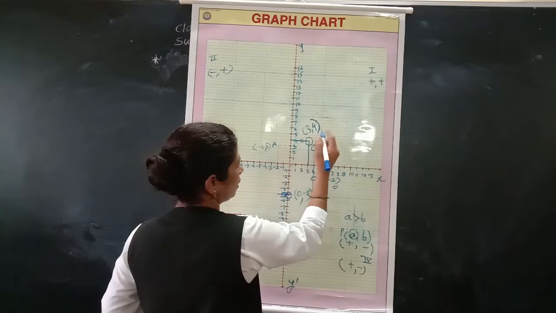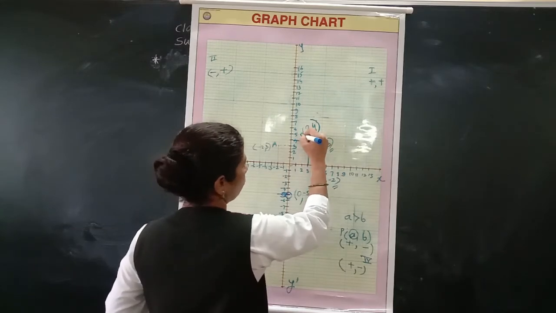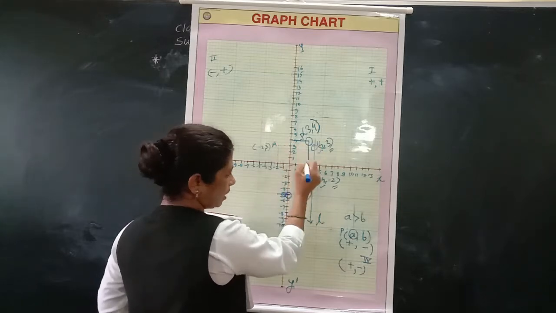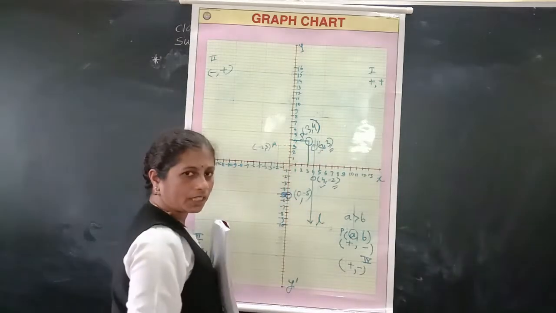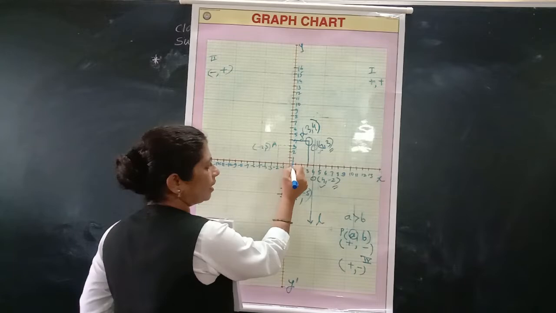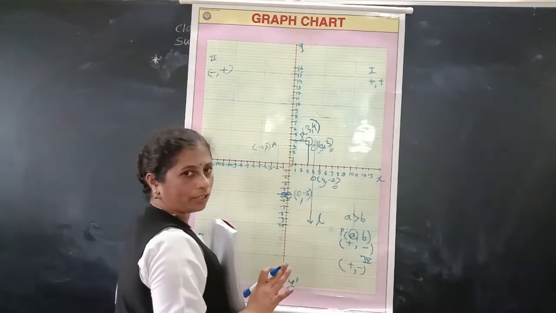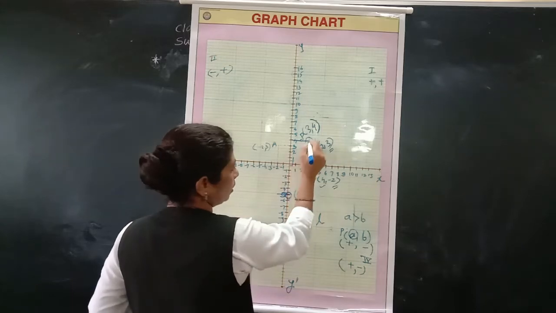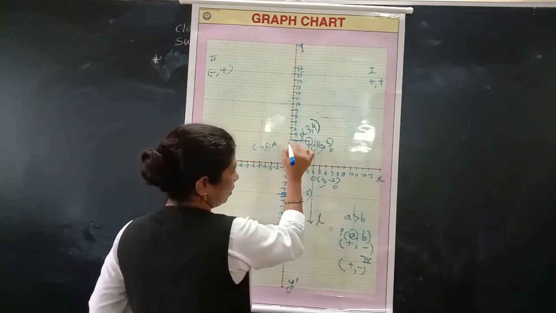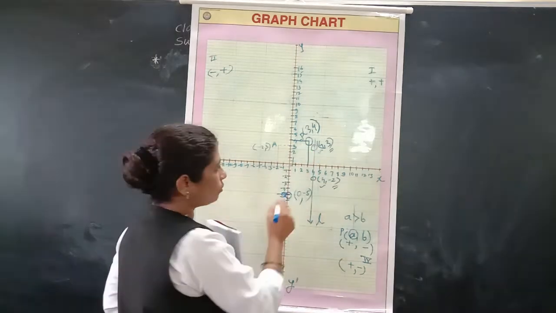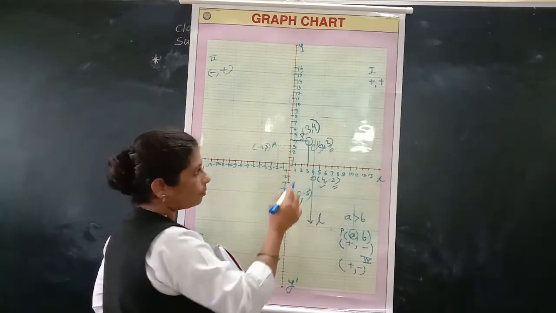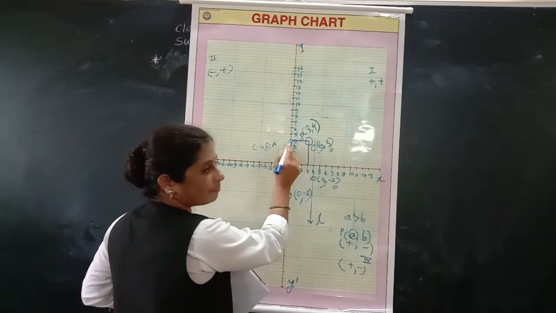Everyone getting this? Okay. So this is your point P, and you have to find the perpendicular. All these distances are perpendicular to each other, right? Because this is 90 degrees, since your axes are perpendicular. The question asks for the perpendicular distance of this point from which axis? Y-axis.